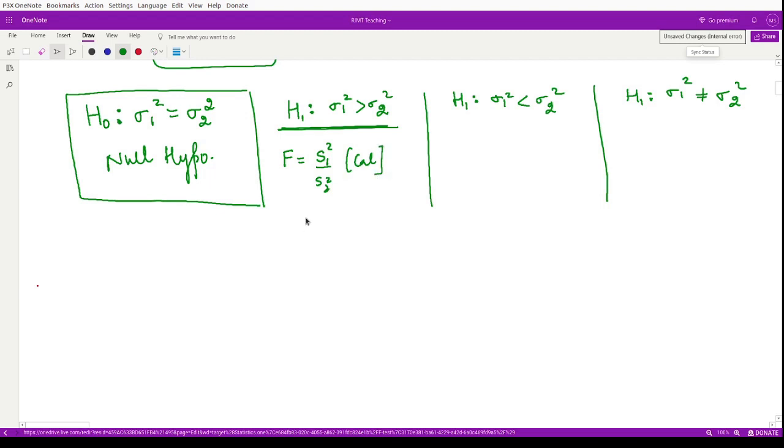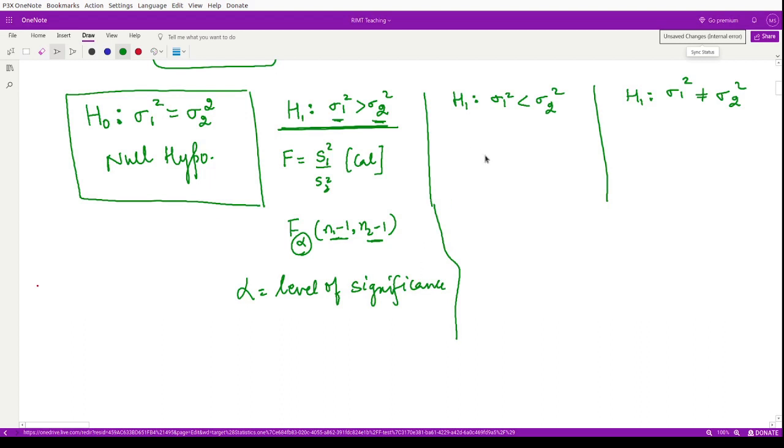We compute this calculated value and compare it with the value F alpha with n1 minus 1, n2 minus 1 degrees of freedom. The first degree of freedom corresponds to the first variance, and the second degree of freedom corresponds to the second variance. And what is alpha? Alpha is the level of significance. So this is the first case.